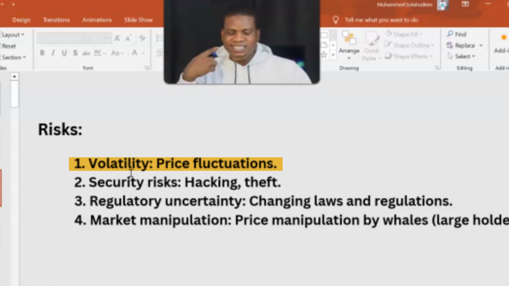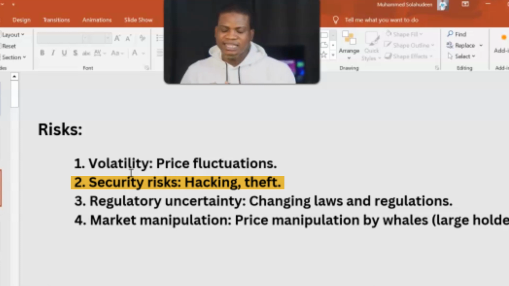So the prices fluctuate. Bitcoin goes up and down, Ethereum goes up and down. Other cryptocurrencies like Solana, Cardano, Mana, Shiba Inu, Dogecoin, all the cryptocurrencies are volatile, which means their prices go up and down. So you have to be able to do a proper analysis to be able to navigate the cryptocurrency market. Also, security risk.